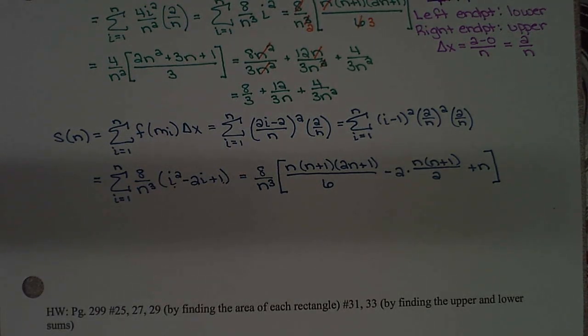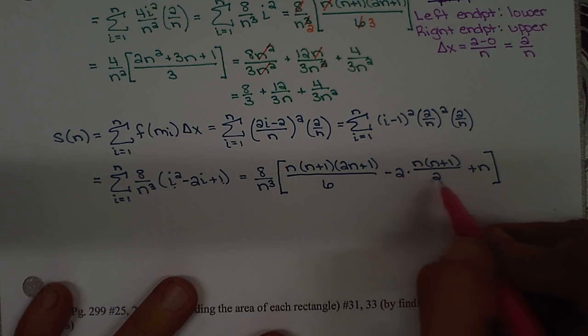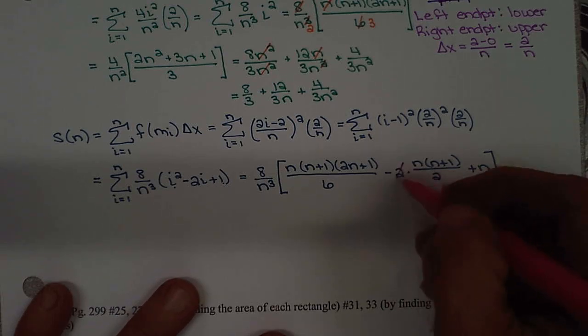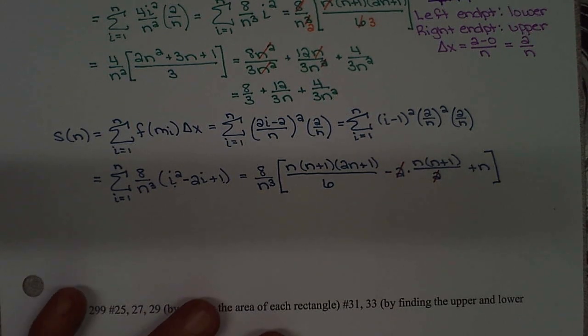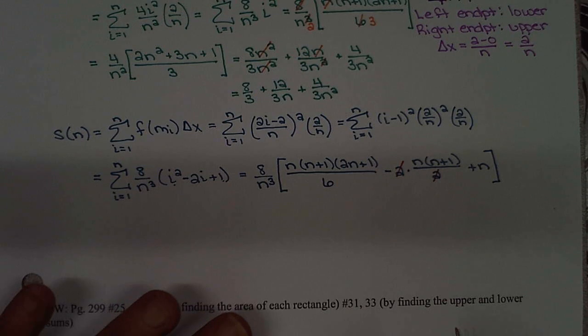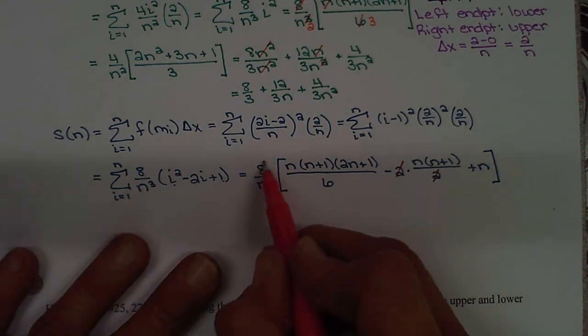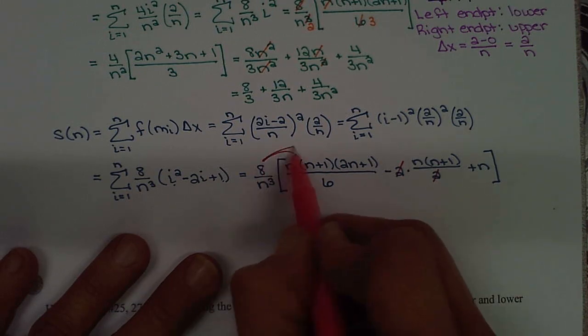Then we're going to come in and do a little bit of simplifying like we did before. Here, this 2 and this 2 will cancel. One's on top, one's on bottom, so we can get rid of them. And as I am working some things out, I'm going to go ahead and start distributing this 8 over n cubed to everything as I multiply.